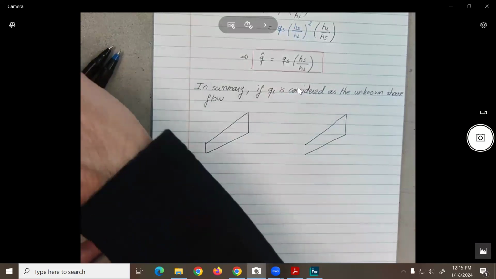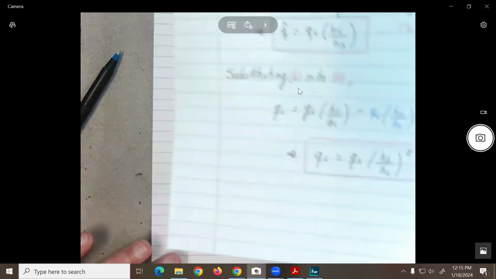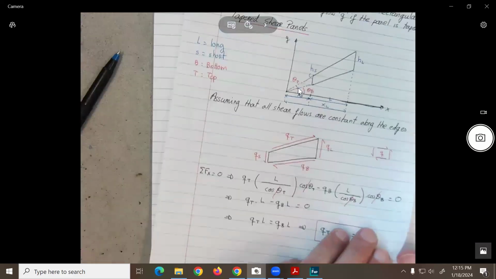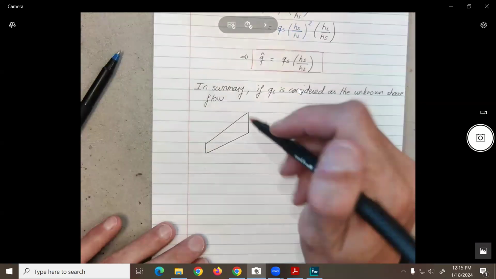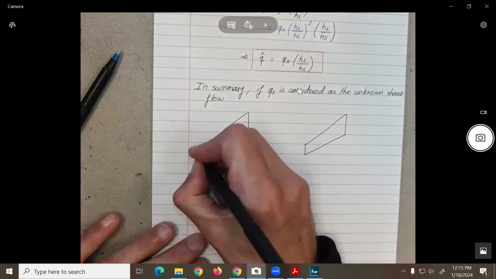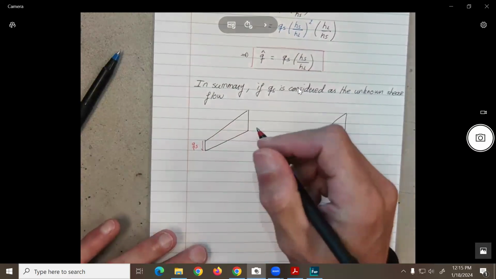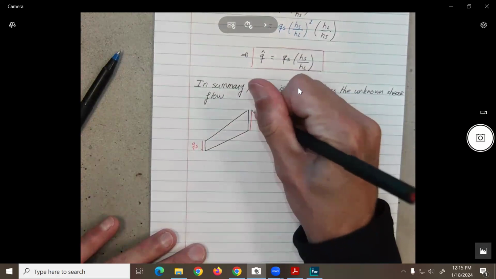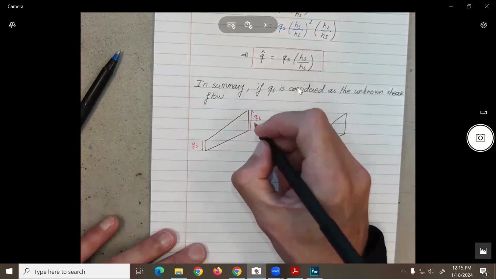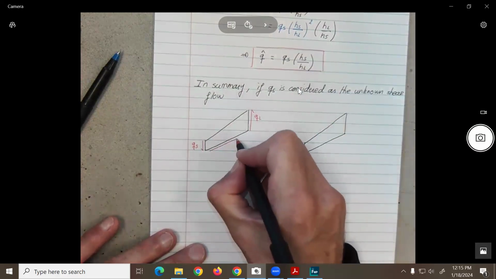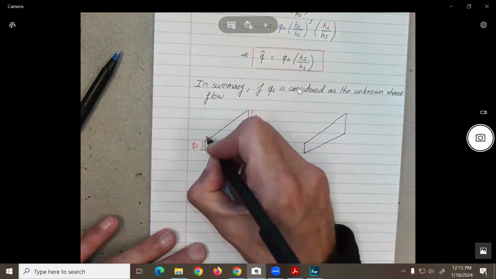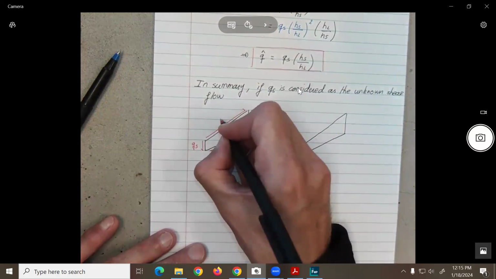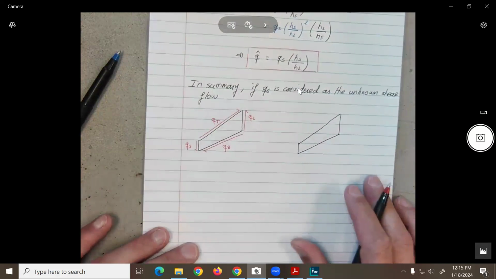So remember the first figure we did was what? We did this figure over here, no? So I'm just going to recopy exactly that one. So it should be Q S, Q long, Q bottom, Q top.